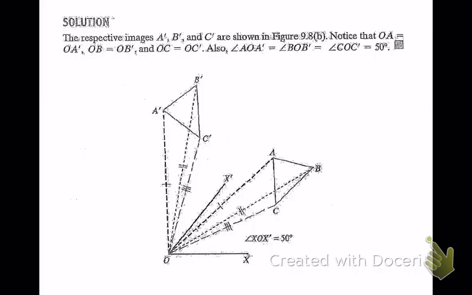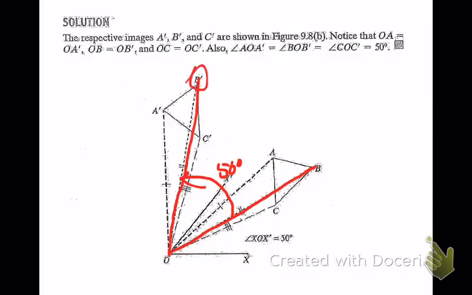Then to find where B prime is, we would draw OB, right? Then we would rotate it 50 degrees. And then I would measure it the same length as OB, and I would draw in OB prime. That's how I get B prime, right?